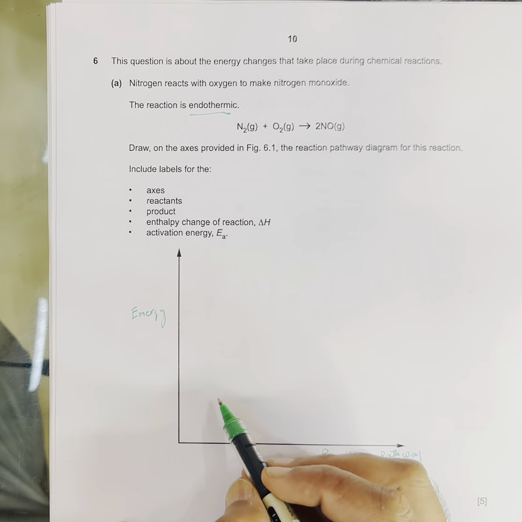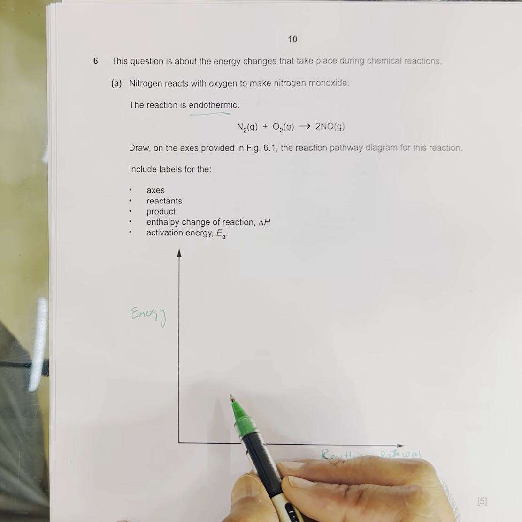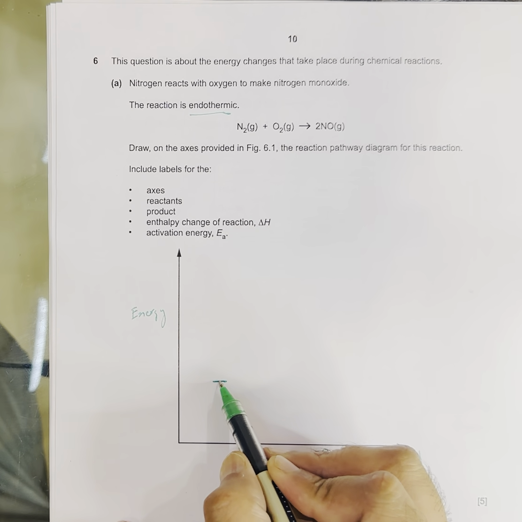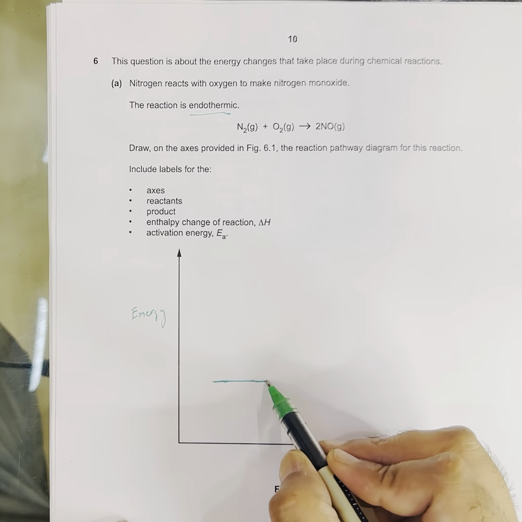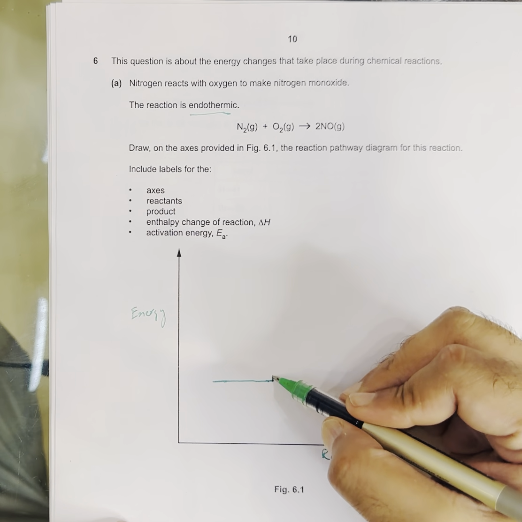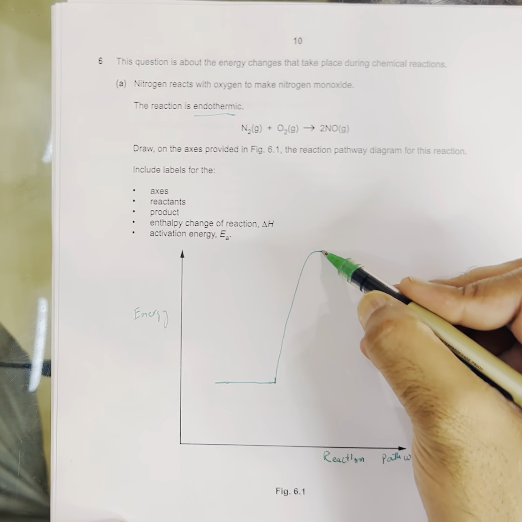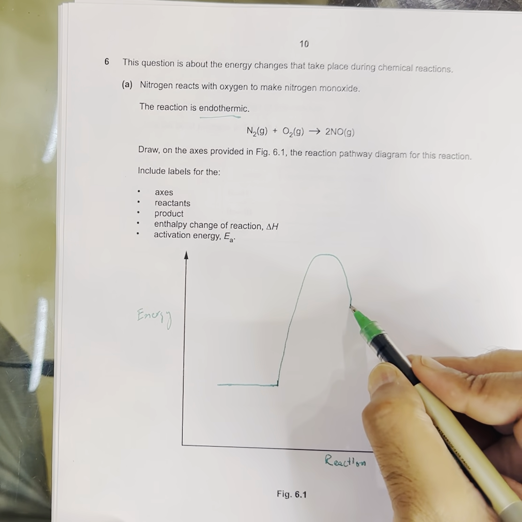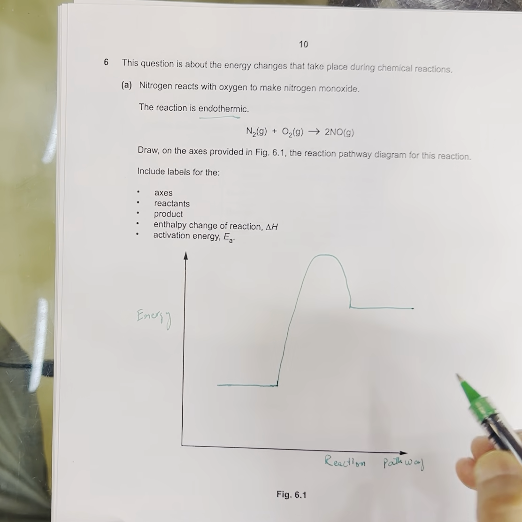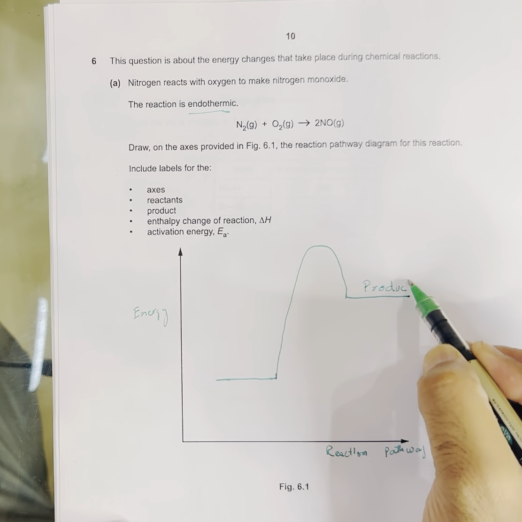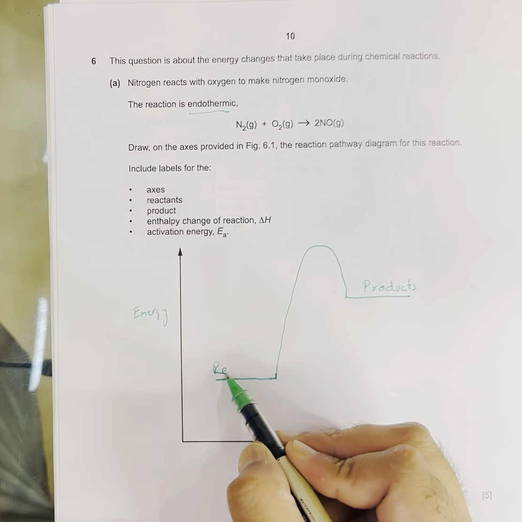For endothermic reactions, the level of reactants should be lower compared to the energy level of products. So we'll write products, reactants.